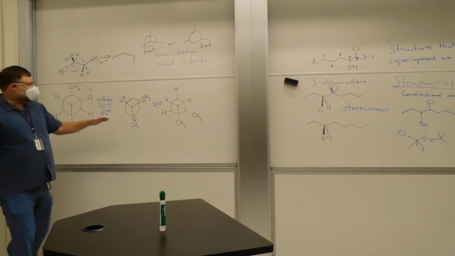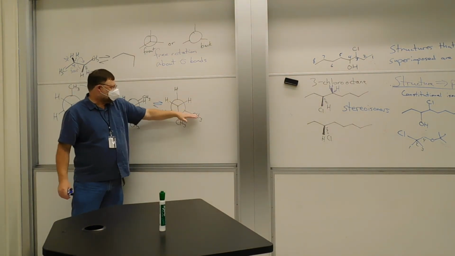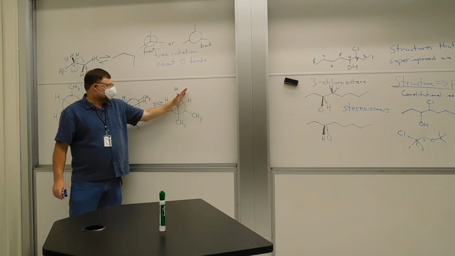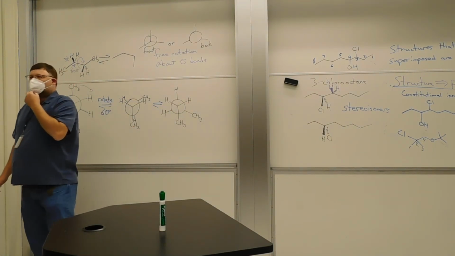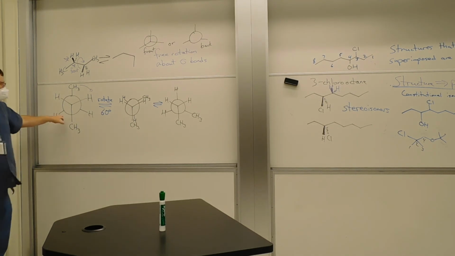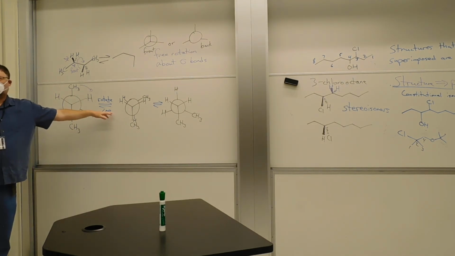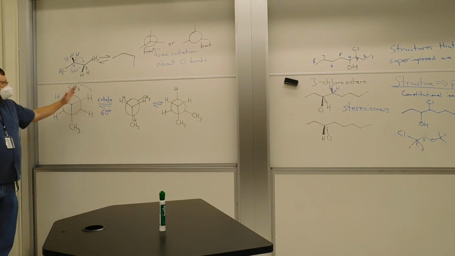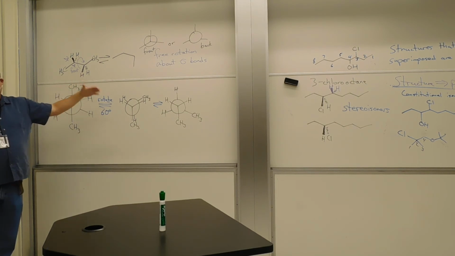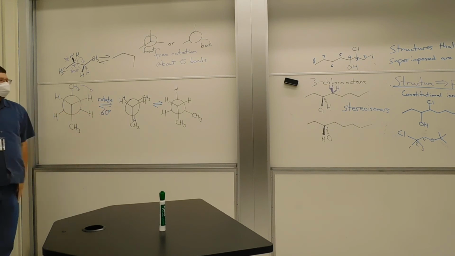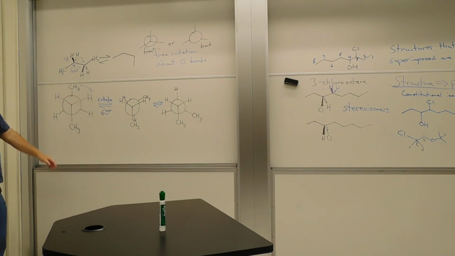Obviously, there's somewhere in between where this methyl is here, or here, or there. If the first structure is more stable than the second, the closer the methyl gets to the first structure, the more stable it is. The closer it gets to the second structure, the less stable it is. So the structure I just drew, the third structure, is it more or less stable than the second structure?